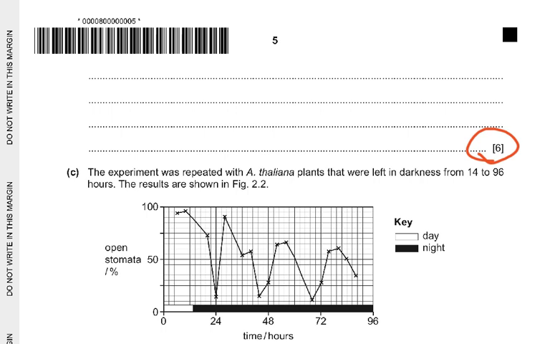As you can see, this was for 6 marks. So for 6 marks, you had to write quite a lot. And you should have written a lot so that you could get your 6 out of 6. This was a very direct question.